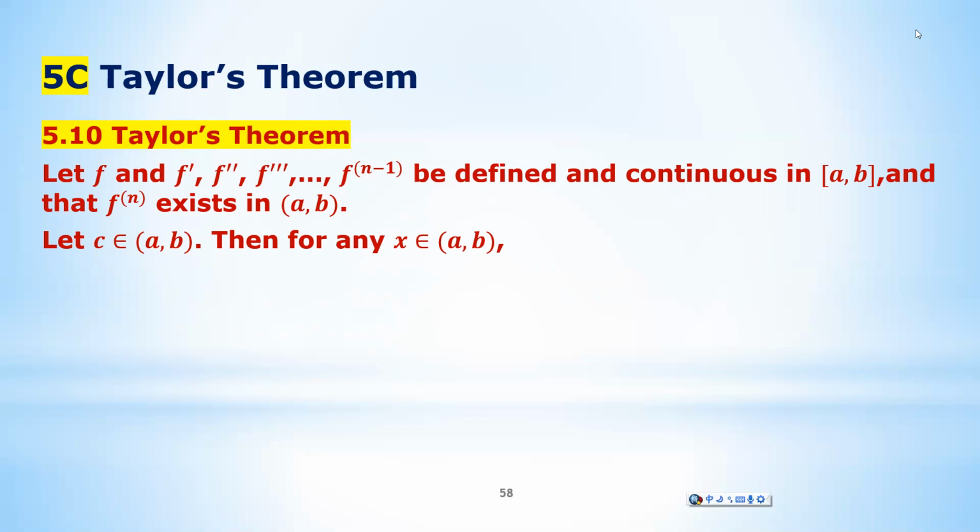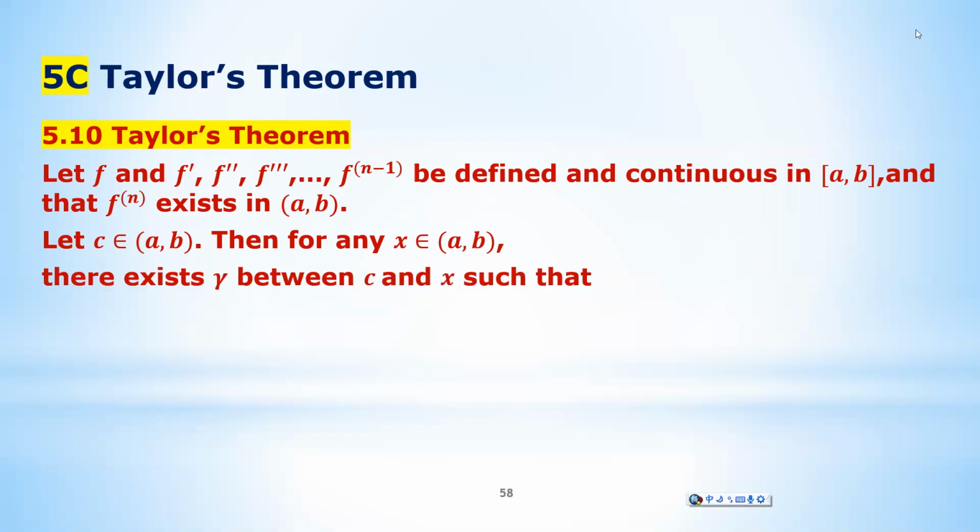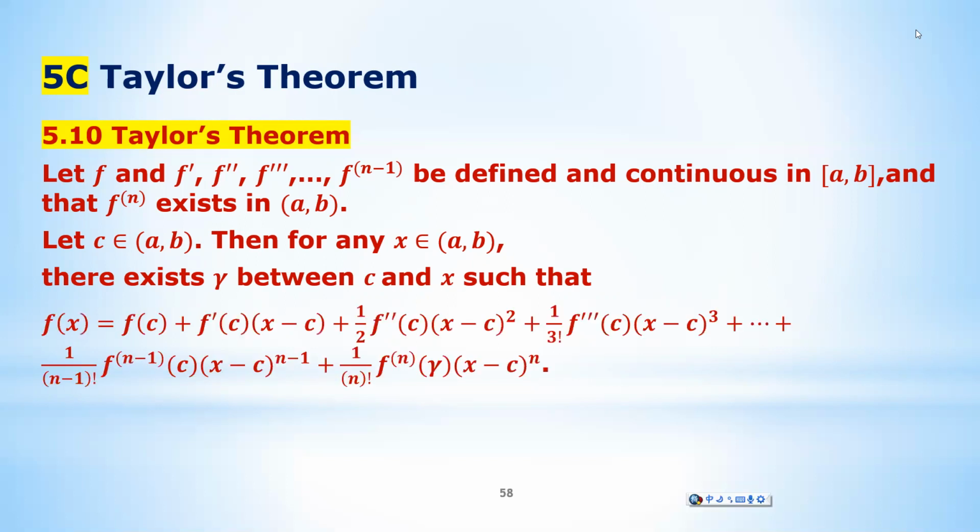But normally you can't do that unless the function is analytic, okay? But Taylor's theorem says that, however, to a certain extent, we can still do that with a certain error. It says that there is a value gamma between c and x such that, okay, this is a complicated formula.